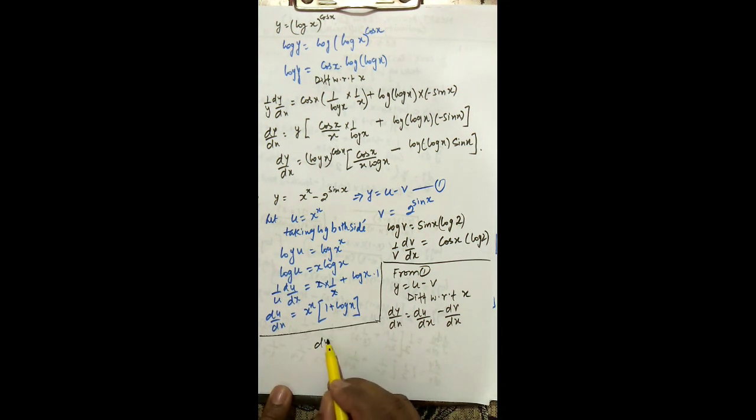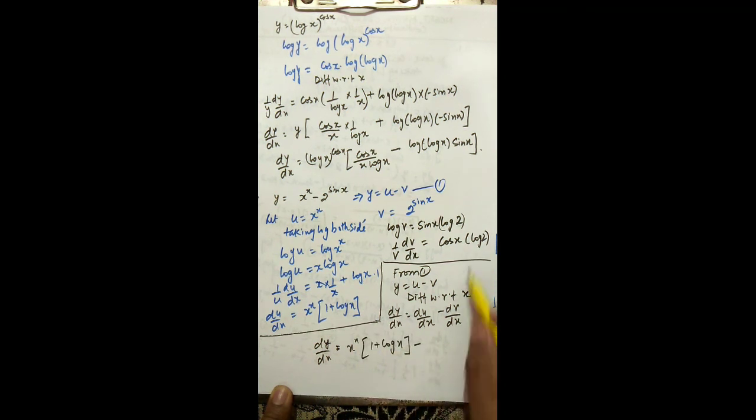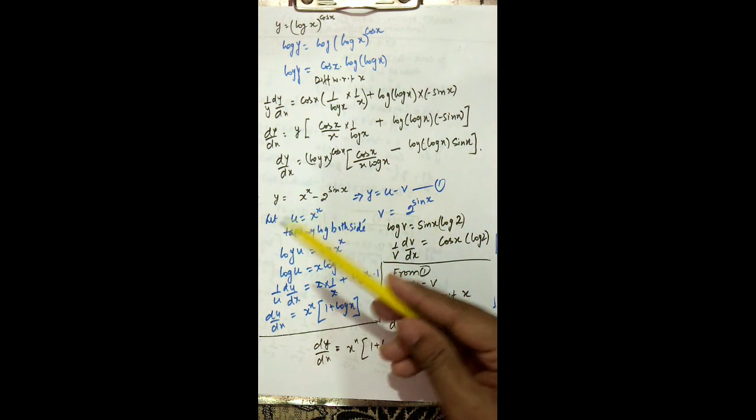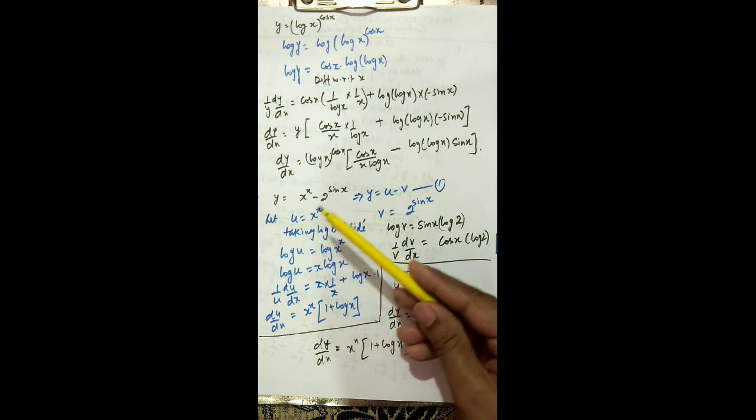So my dy upon dx will become x to the power x into 1 plus log x, minus 2 to the power sin x into cos x log 2. So this is my final answer. You see this type of question, where functions have exponents as functions, and there can be more than 2 functions with plus or minus signs.